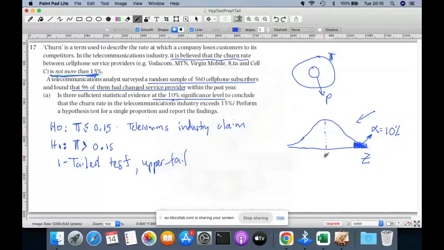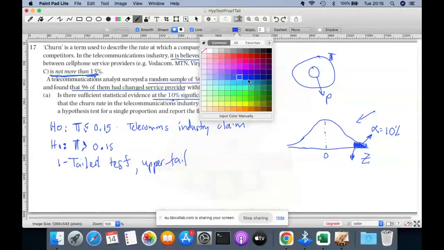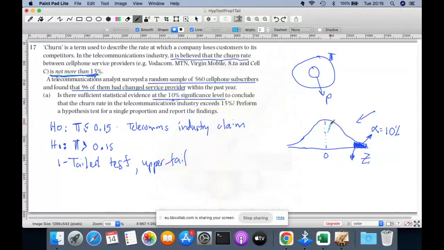So we need to find what the Z value is here. This is the critical value. What Z value corresponds to a region of 10% on the right? You would go to your table and find the area that corresponds with the remaining area. And this remaining area is easy to figure out. Remember, half the area is 0.5, and you've already got 10% on the upper side.